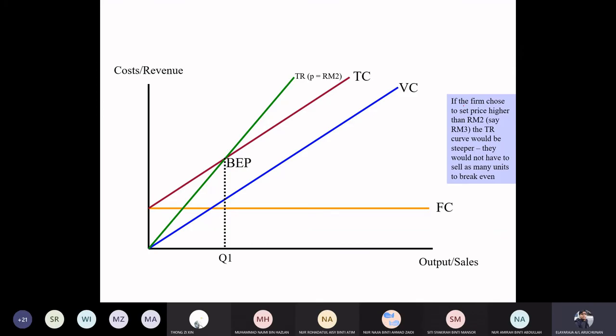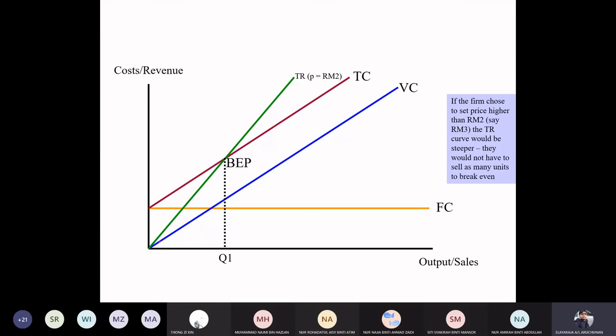Say if the firm chose to set the price higher than 2 ringgit, for example raising the price to 3 ringgit, the total revenue curve would be steeper.